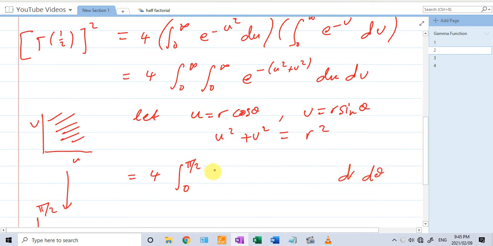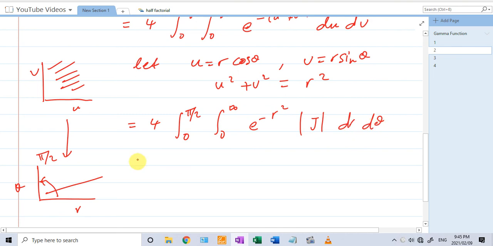For dr, we need to say 0 to infinity of e to the power negative r squared, times the absolute value of the Jacobian, dr d theta. So what is the Jacobian?